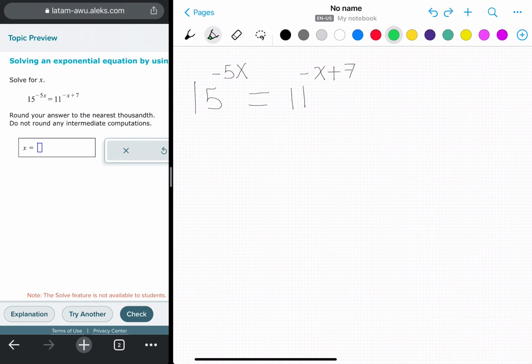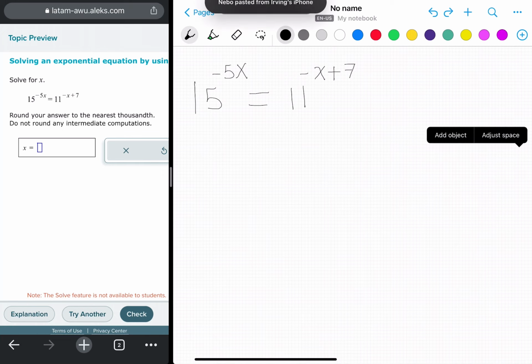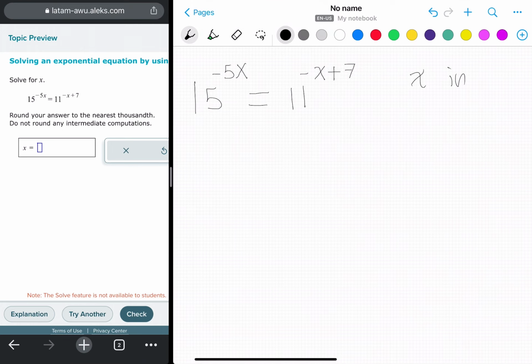So because I have the x in the exponent, I need to find a way to get this exponent down.